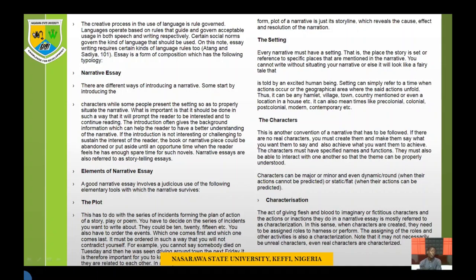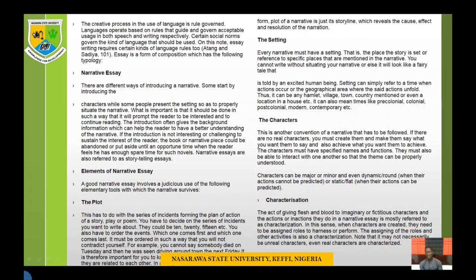He's been portrayed by the writer Achebe as somebody who is indefatigable, somebody who is indomitable. But we see Okonkwo committing suicide. You never expect Okonkwo to commit suicide. That is the dynamic effect as a character in him. So he's dynamic. But Unoka, his father, has a static character.